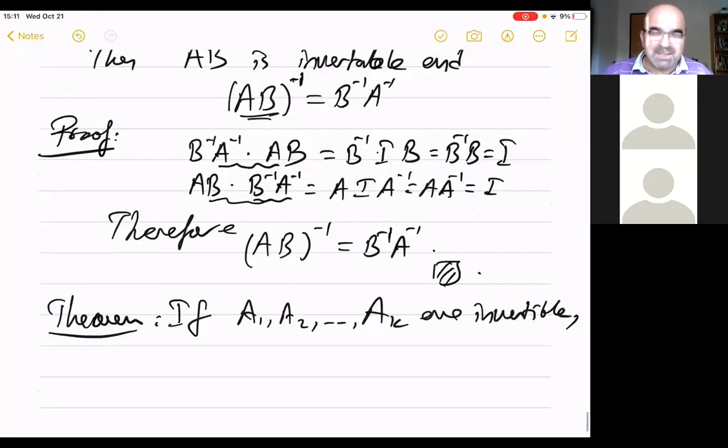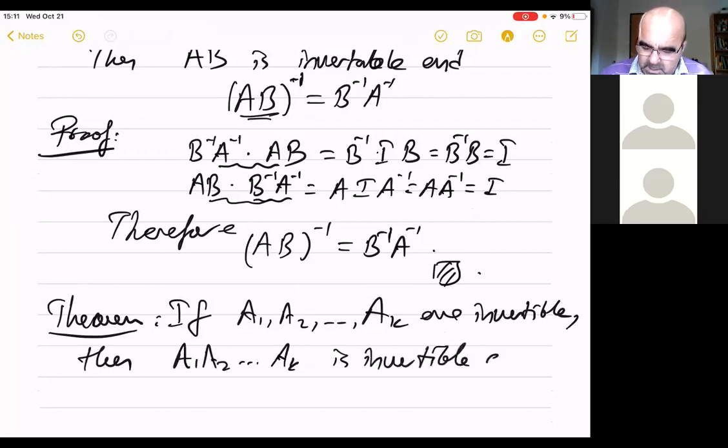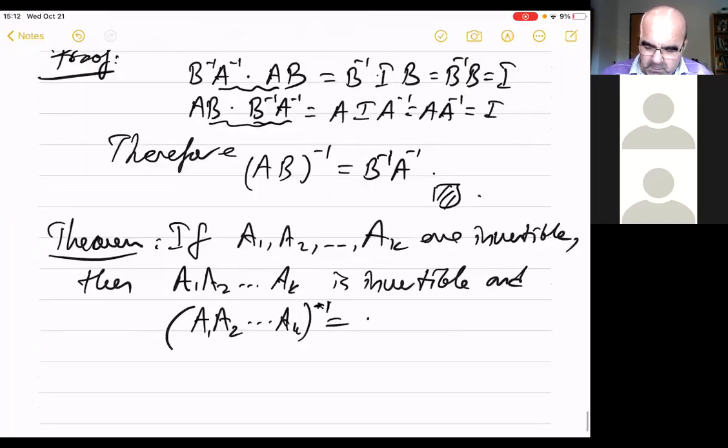If you have more matrices, then it is still true. If each of them is invertible, then the product A1, A2, AK is invertible, and its inverse is just AK inverse, AK minus 1 inverse, A2 inverse times A1 inverse.